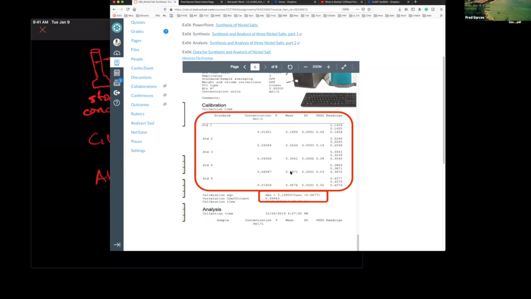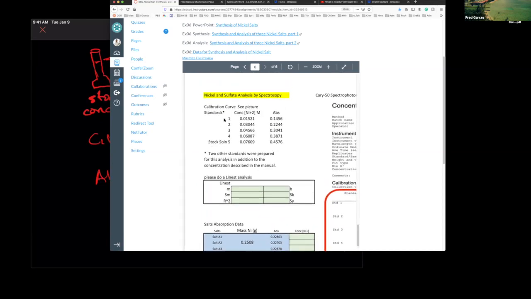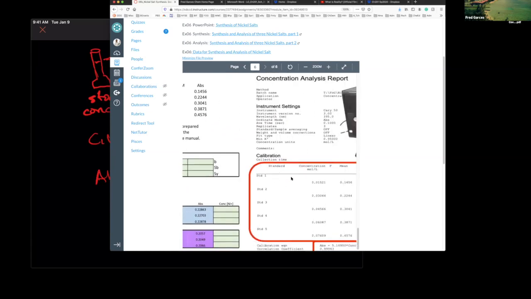These are the absorbance readings. The instrument actually takes 3 and takes an average of that, so it can give you a standard deviation. And then it does a linear regression for you. So this is the equation. When you guys take this data and plot it, it should be very close to this right here.